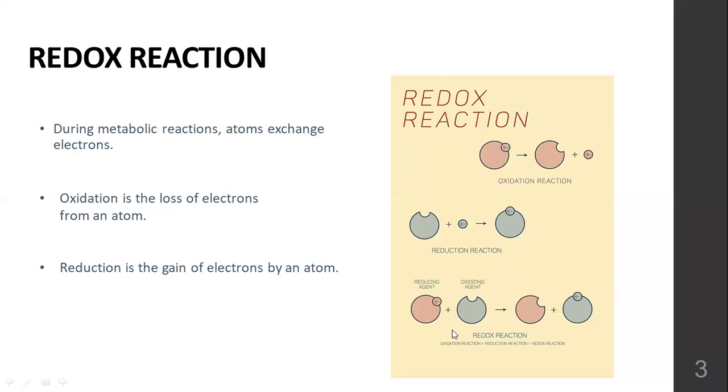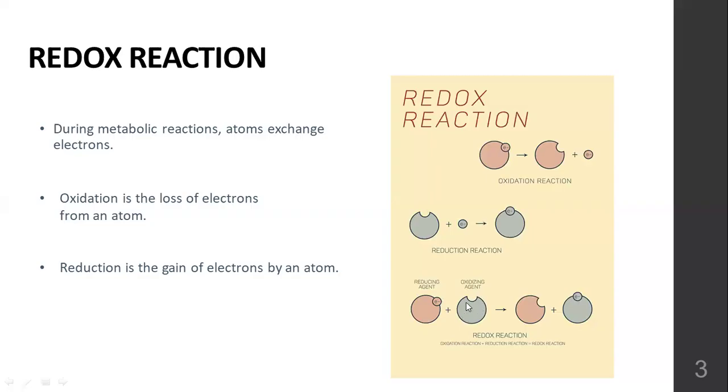Oxidizing agents, we also call them free radicals, because they go to a normal stable atom. Imagine this situation, you will understand it better. This red color atom, consider this as a normal atom in your body, in your cells.